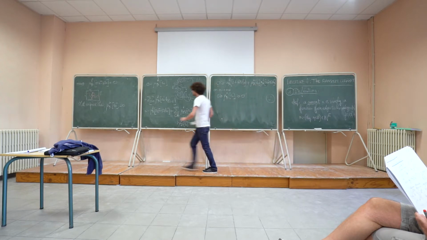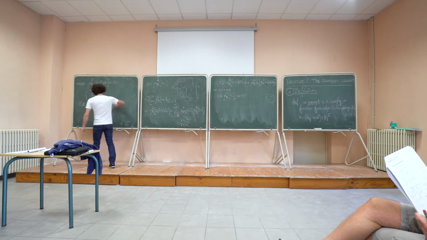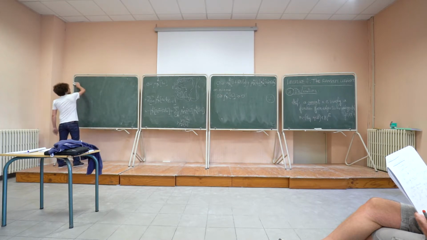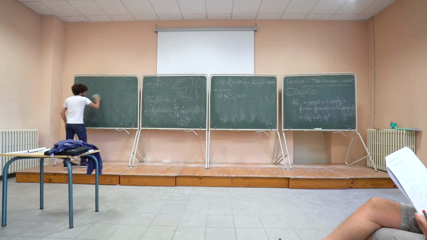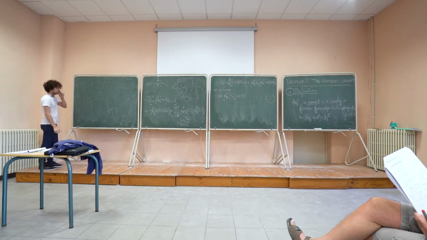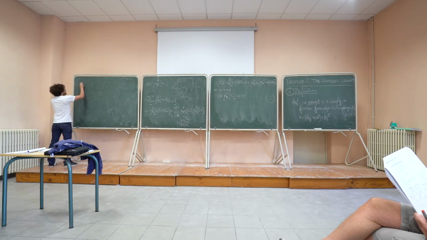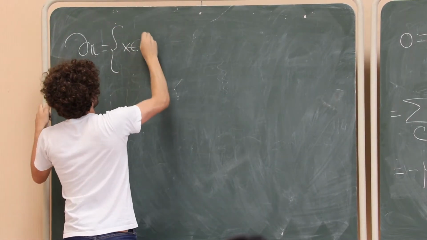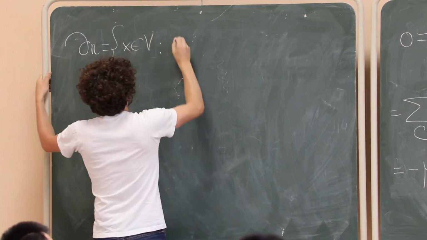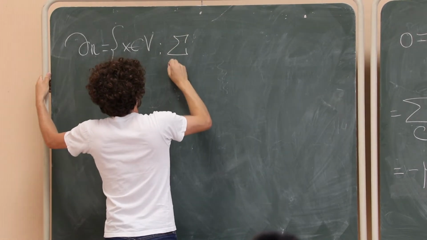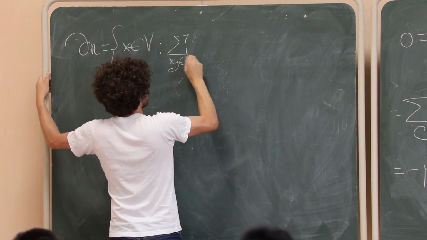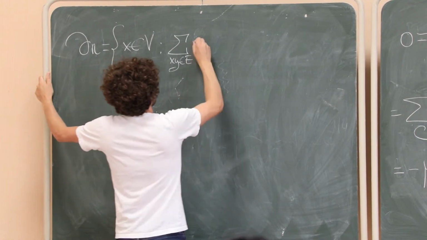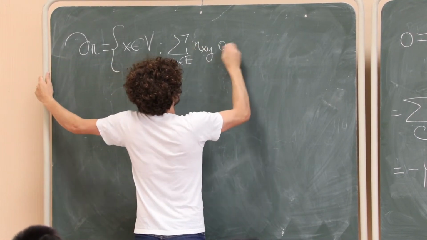And a current is going to have, exactly like in the high temperature expansion, sources. So let's say rho n is the set of x in V such that the sum over every edge xy incident to x of n_xy is odd.